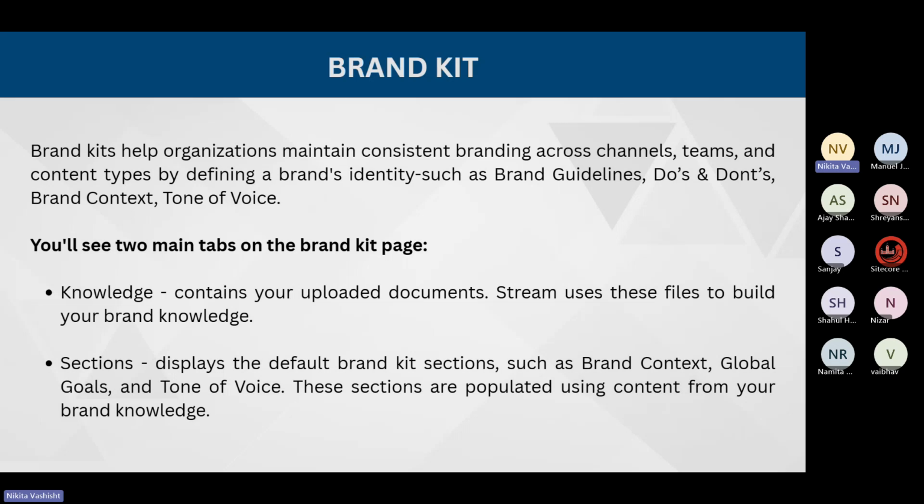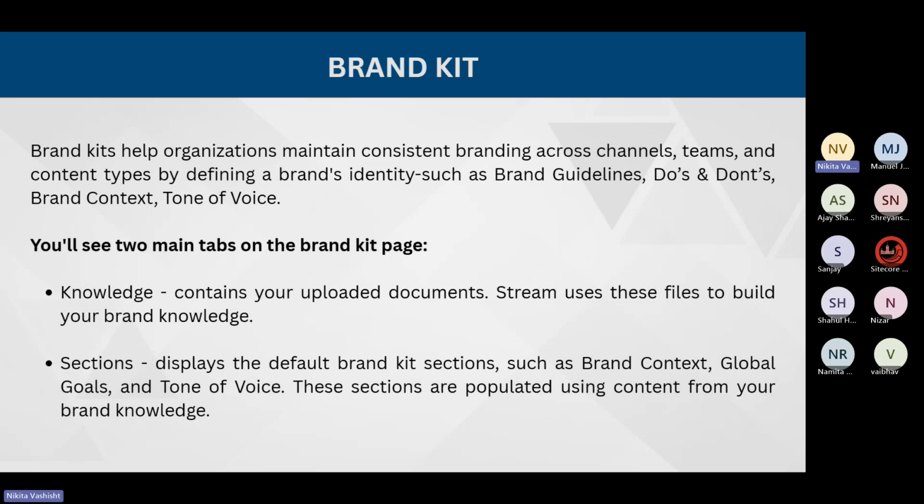So how it works is, inside Sitecore Stream, we have an option to create a brand kit. Over there, we'll upload the documents that are relevant to our brand or our brand purpose or how we want to present our brand. Once the documents are uploaded, there is a brand ingestion process that takes place.